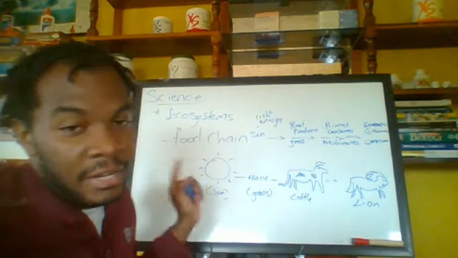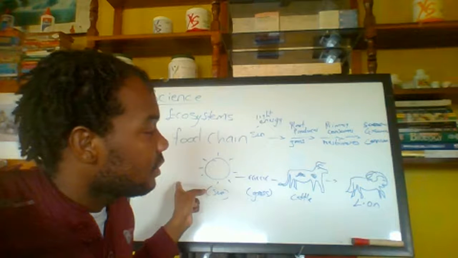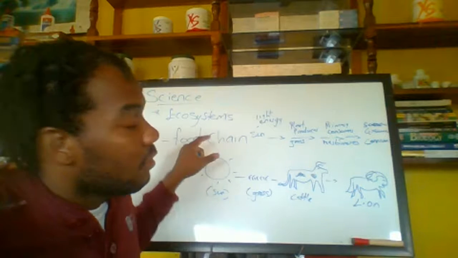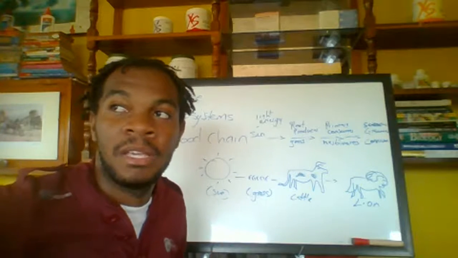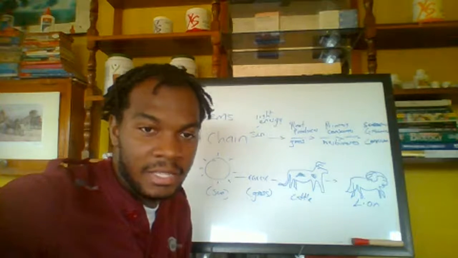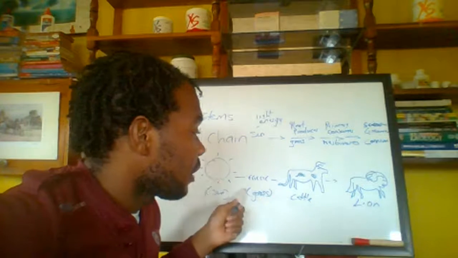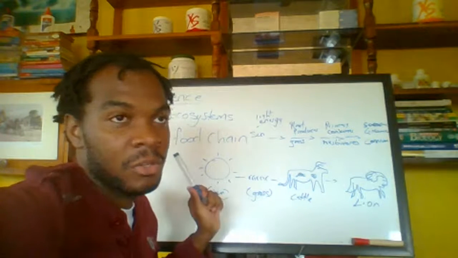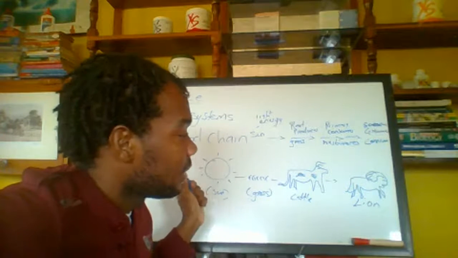So this is the way energy is transferred through an ecosystem. First, with light energy, it could be the sunlight or it could be artificial light, as in a greenhouse, which the grass or other plant absorbs through a process called photosynthesis. That's the way plants use light energy to make food.